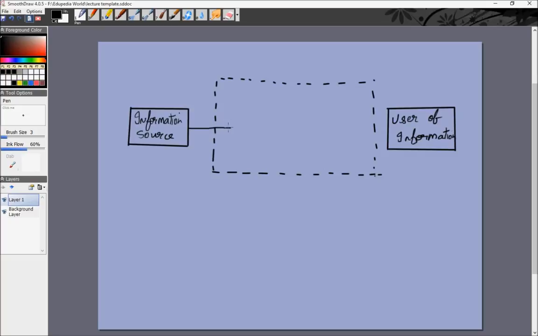So the information source sends what is called a message signal, and the first element of the communication system is called a transmitter.